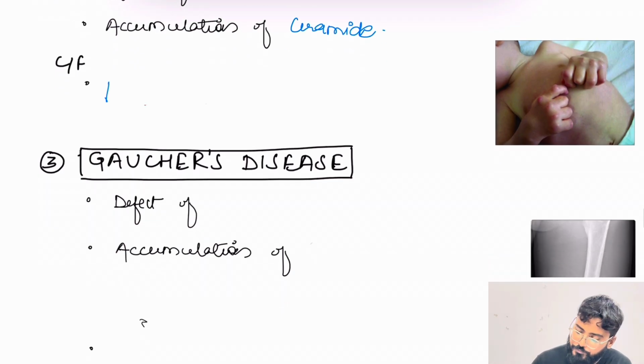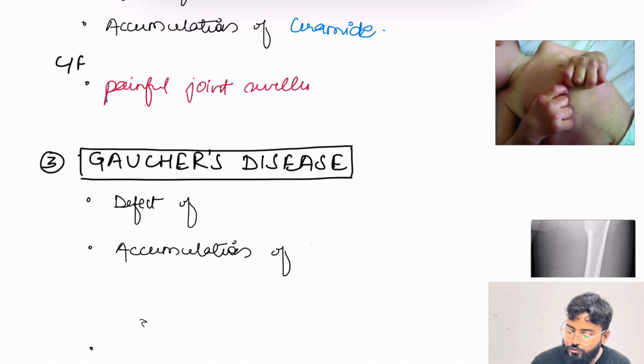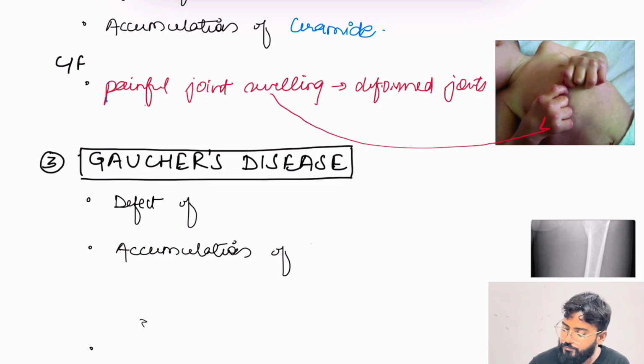The clinical feature is painful joint swelling that is going to cause deformation of joints. There you can see over the knuckles of this baby the swelling, and because of that the joints are going to get deformed.